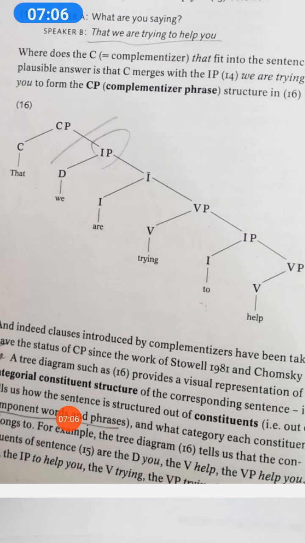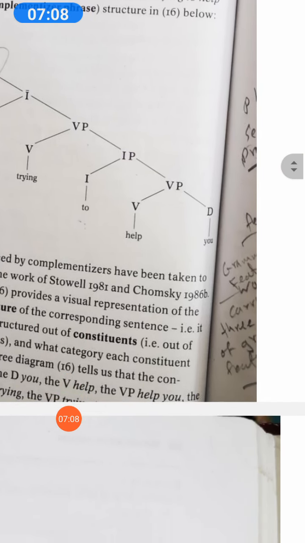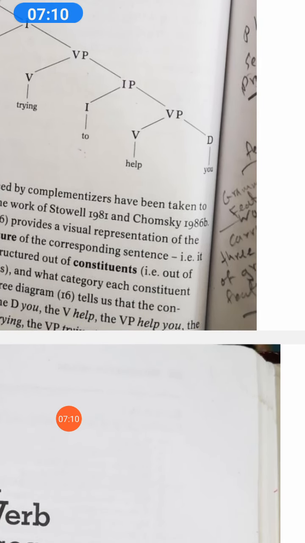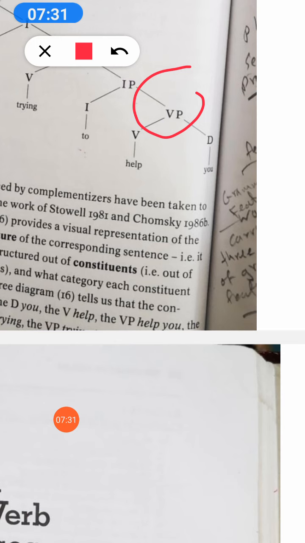So once again, if you want to analyze the structure of this phrase, if we start from the bottom and move up, we will see that the structure of the phrase is binary in nature. You remember the first phrase that we had was a verb phrase consisting of two elements, the verb help and the determiner you.